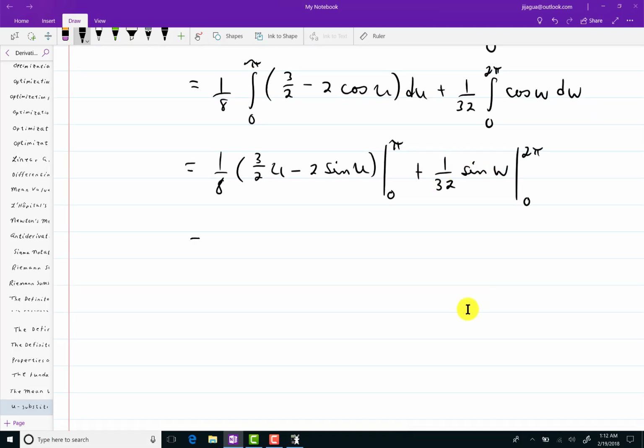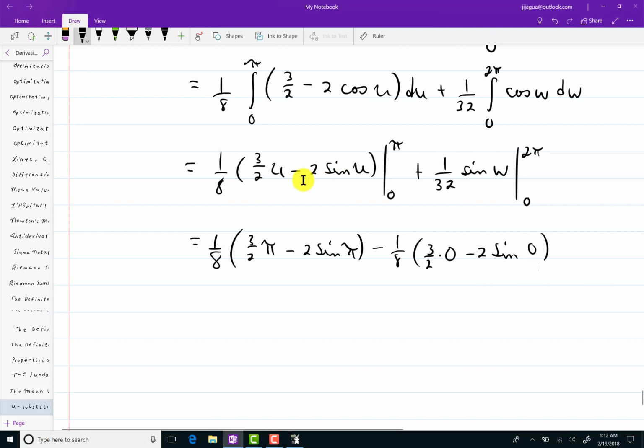Let's go ahead and get what we have. I have 1/8 times 3/2 pi minus 2 sine of pi, minus 1/8 times 3/2 times 0 minus 2 sine of 0. That's this portion.